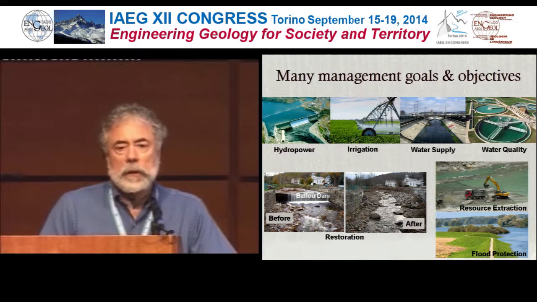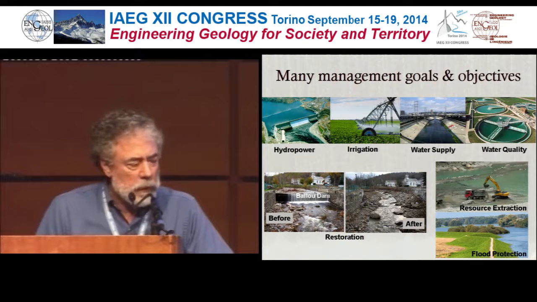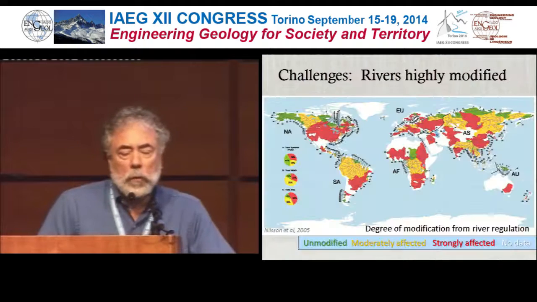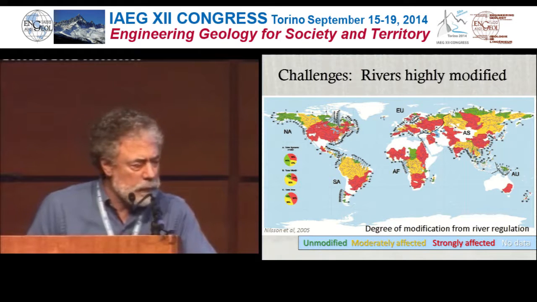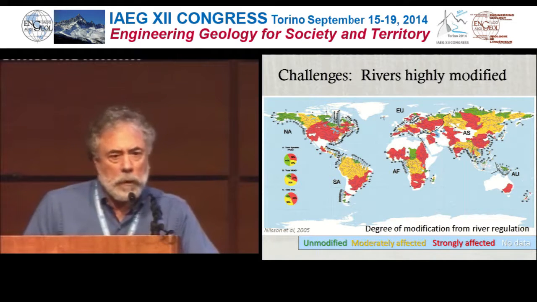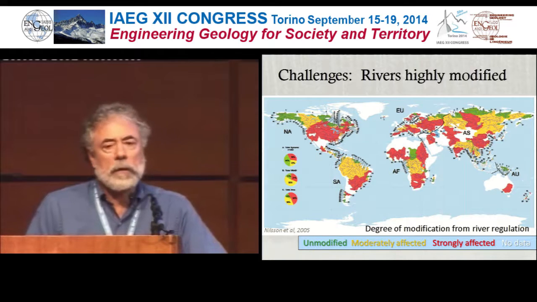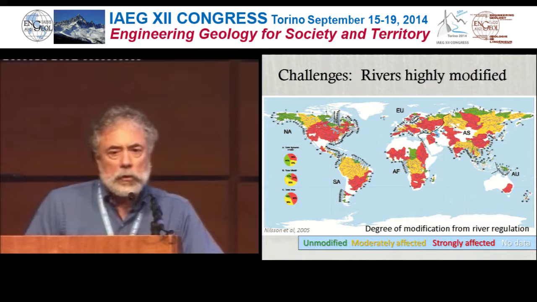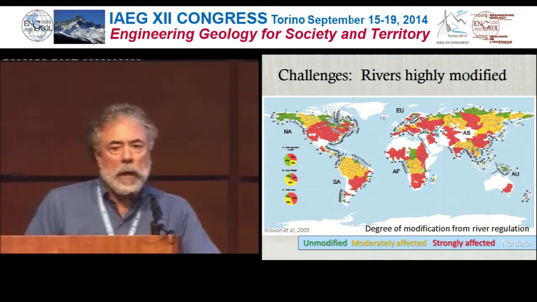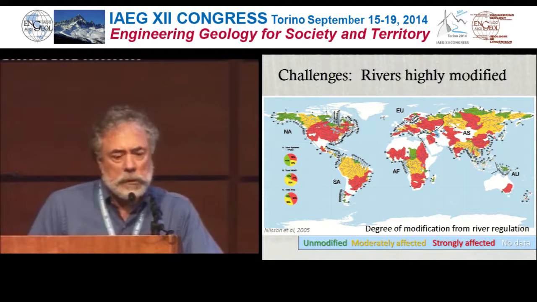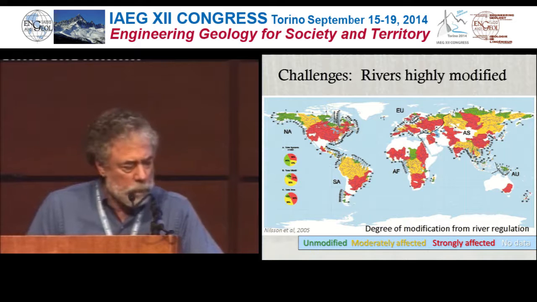As a result of these varying objectives, the world's rivers are highly managed, highly modified. A paper about 10 years ago by Nielsen and colleagues in Science identified the global range of modification, and most of this modification is due to interventions such as dams that are specifically designed to modify flow and sediment regimes and provide power for populations.